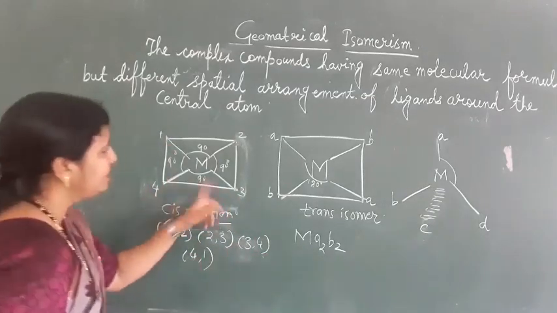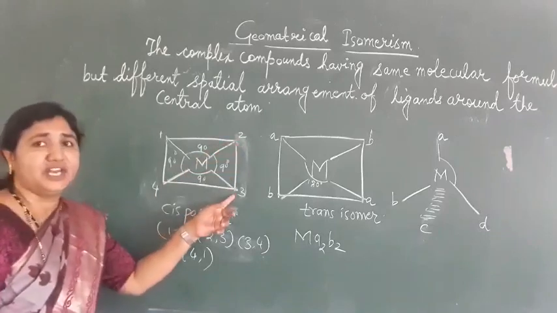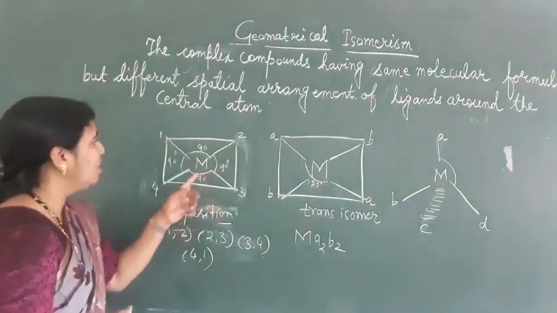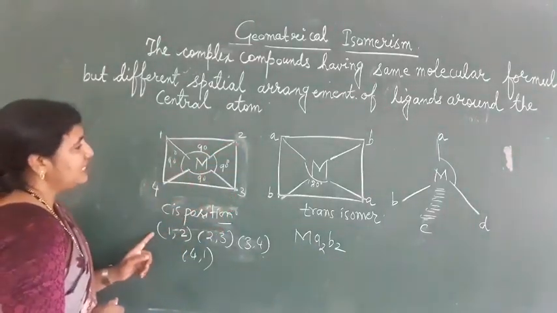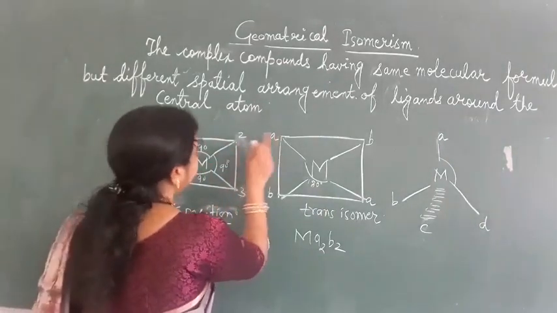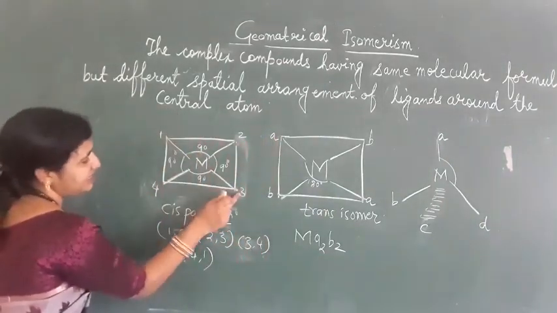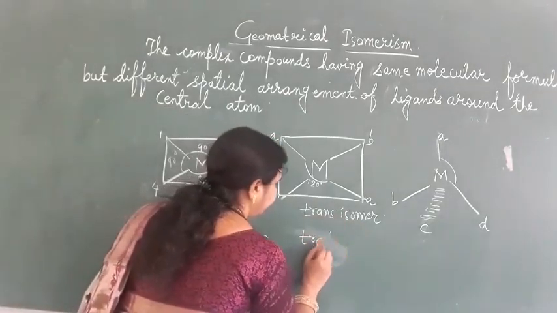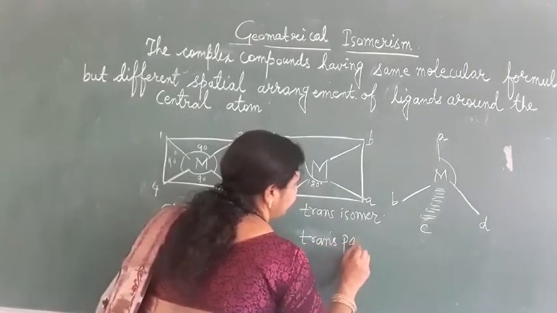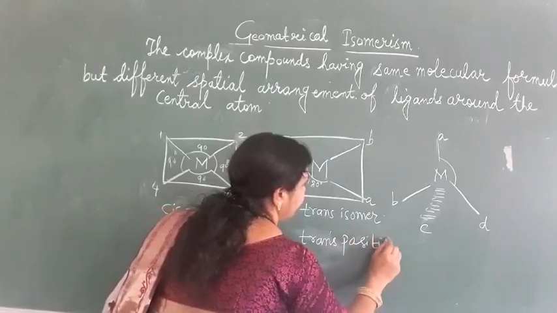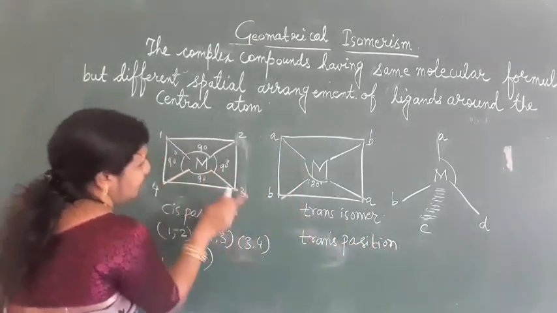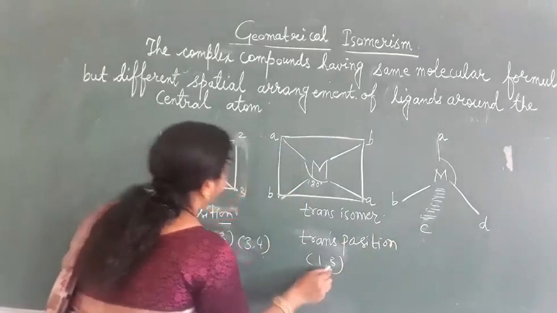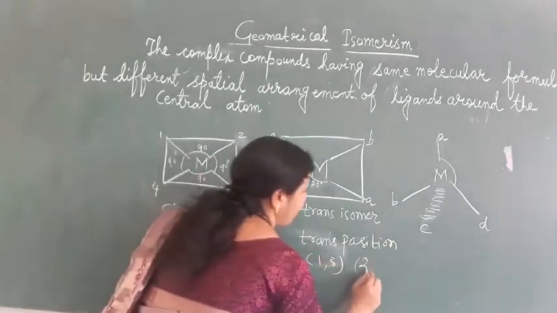They are cis to each other, adjacent in the square planar structure. And what is trans here? 1 and 3 is trans. So what are the trans positions? Trans positions are 1 and 3 and 2 and 4.